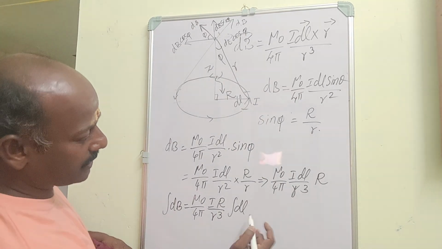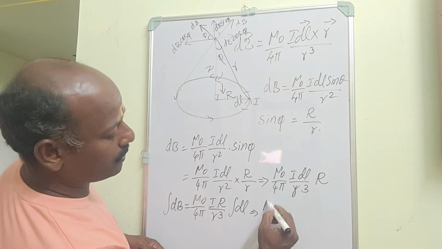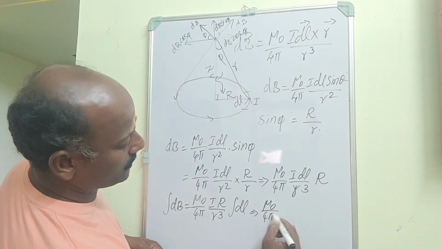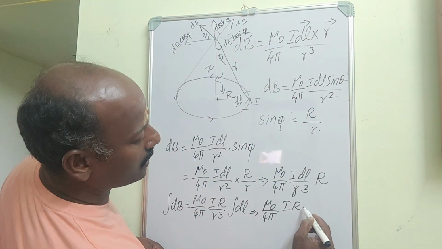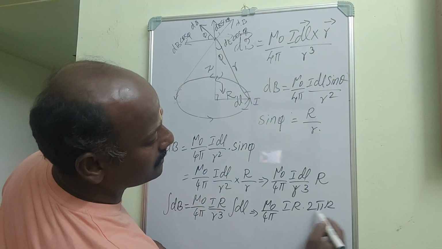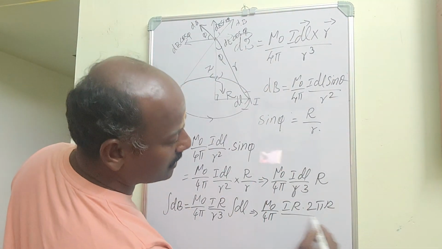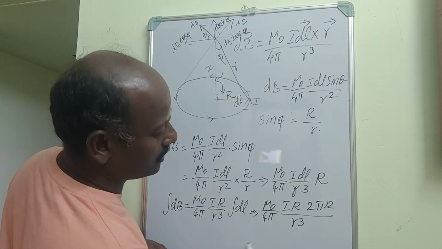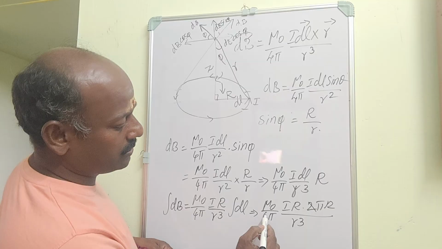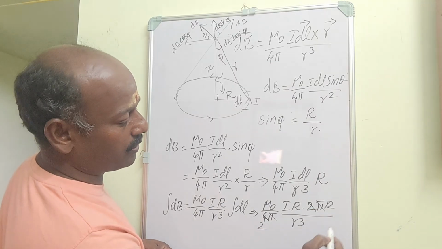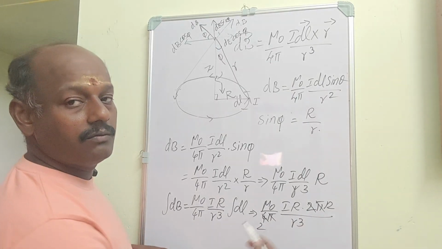If I integrate dl, that is nothing but the entire circumference. So this will become mu naught by 4 pi into I into R into 2 pi R, that is the circumference of the circle, divided by r cube. So I can cancel the 2, and 2, 1 pi, and R, we will get R square.